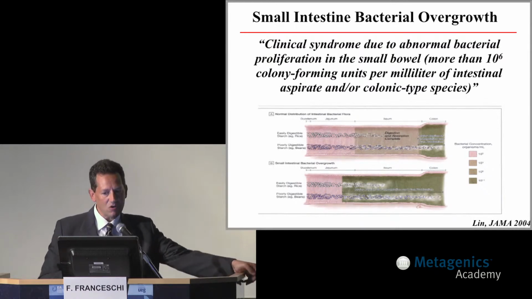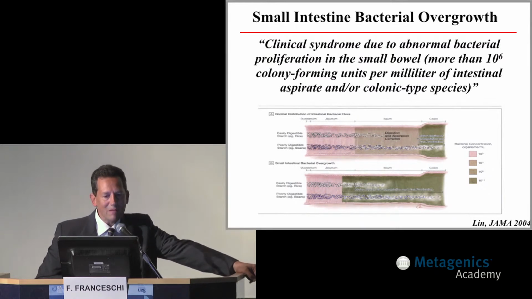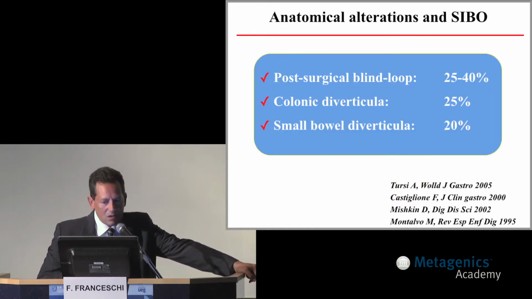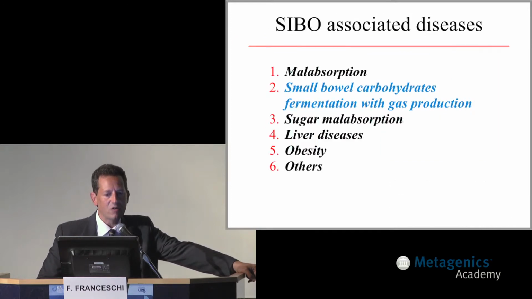which is a clinical syndrome due to abnormal bacterial proliferation in the small bowel. This condition is associated with other conditions, as you can see here: post-surgical blind loop, colonic diverticula, and small bowel diverticula.